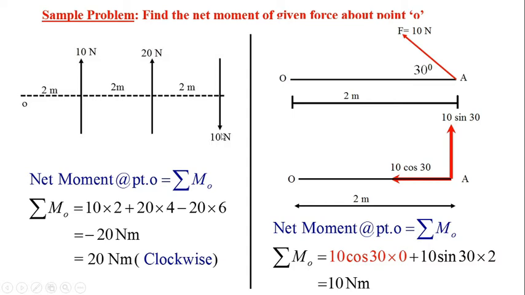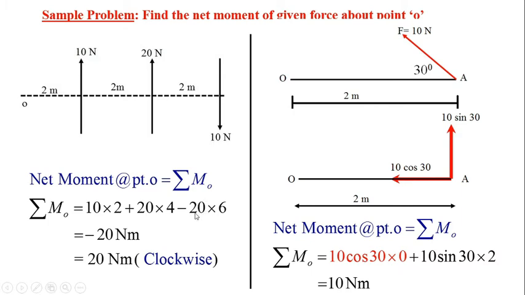Now, moment of the next force about point O is the magnitude of that force times the perpendicular distance between point O and that force. So, 2 plus 2 plus 2, 6, 10 into 6. See the direction of moment, clockwise about point O. So, clockwise moment negative: minus 10 into 6.